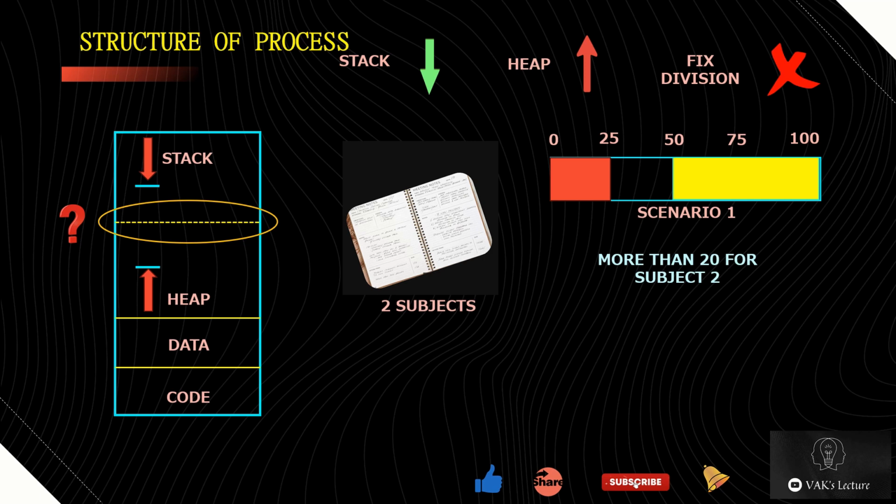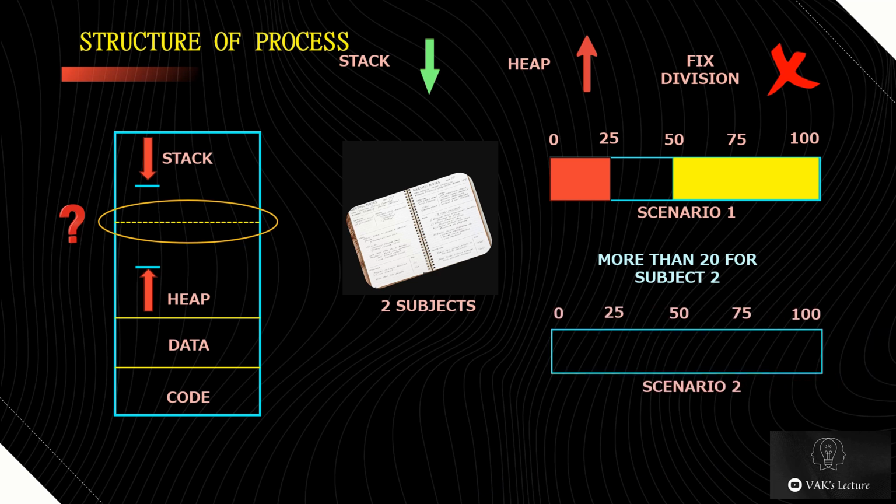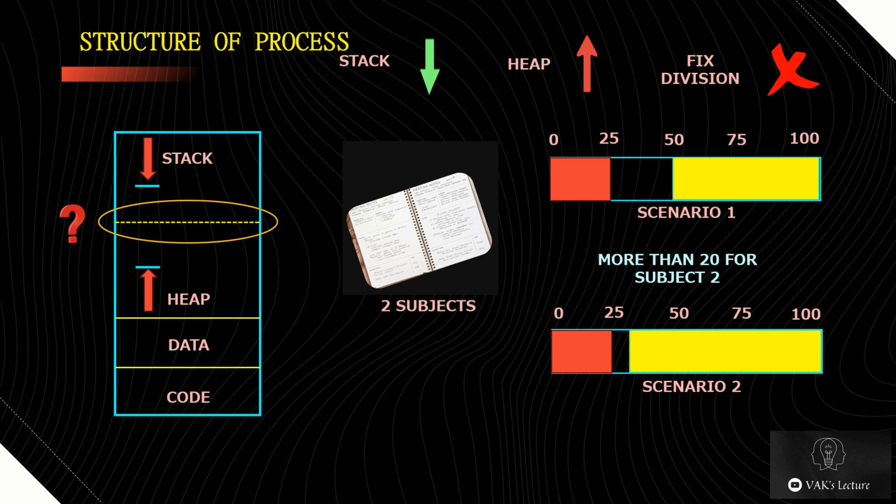So the partition or allocation done was not useful, as we had no idea how much would be required for which subject. Let us consider the second scenario. We start to write the first subject from the first page and the second subject from the last page. We complete the first subject in 25 pages and we require 70 for subject 2.